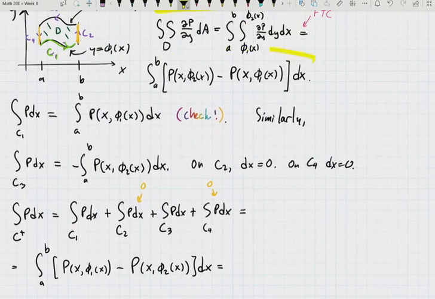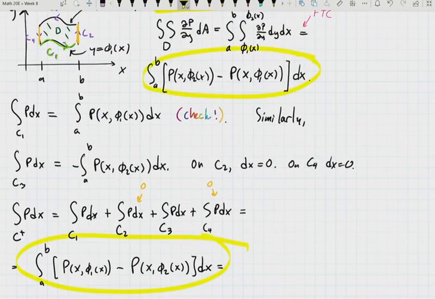So compare this and this. They only differ by a minus sign. Thus, I get that this is equal to the negative of d. Cool. Any questions?